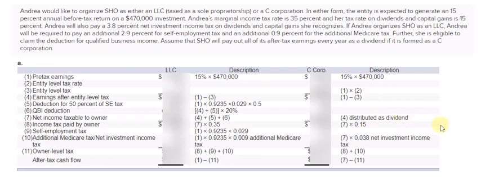Under an LLC, we take the pre-tax earnings minus what we calculated as the owner level tax. And under the corporation, we take what we calculate as net income taxable to the owner, which was line 7, minus the owner level tax, okay? And that's the logic you need to follow to tackle this one.